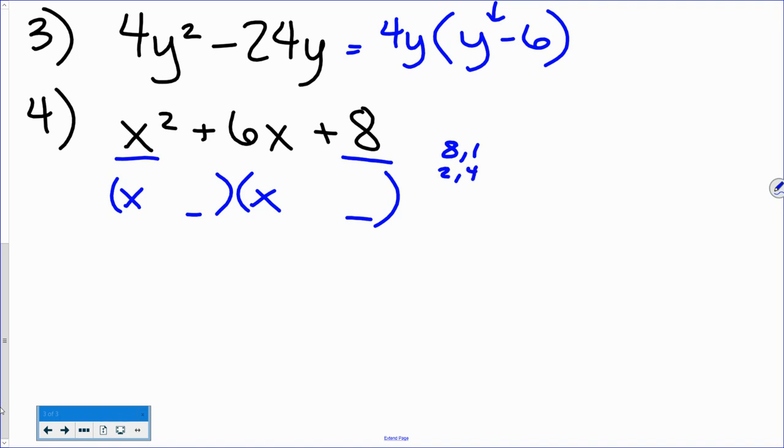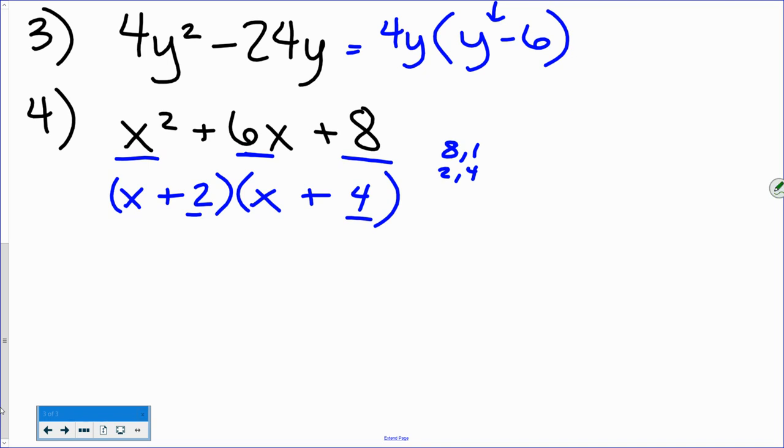Those are my only options. But only one of those would make sense, because also when I multiply this out, so I'll use everything as plus since everything is positive above, we must combine those two numbers to get 6x. So that would mean they need to be a 2 and a 4. It would not matter where I put the 2 and where I put the 4 in this case, because they both have a plus in front of them. It wouldn't make a difference.